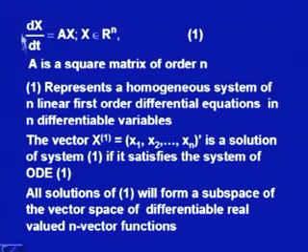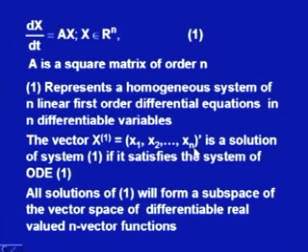When you cannot form dx by dt, there is no question of satisfying this differential equation. So, first thing is that this has to be a differentiable function, and when you substitute it here, it should satisfy this differential equation.